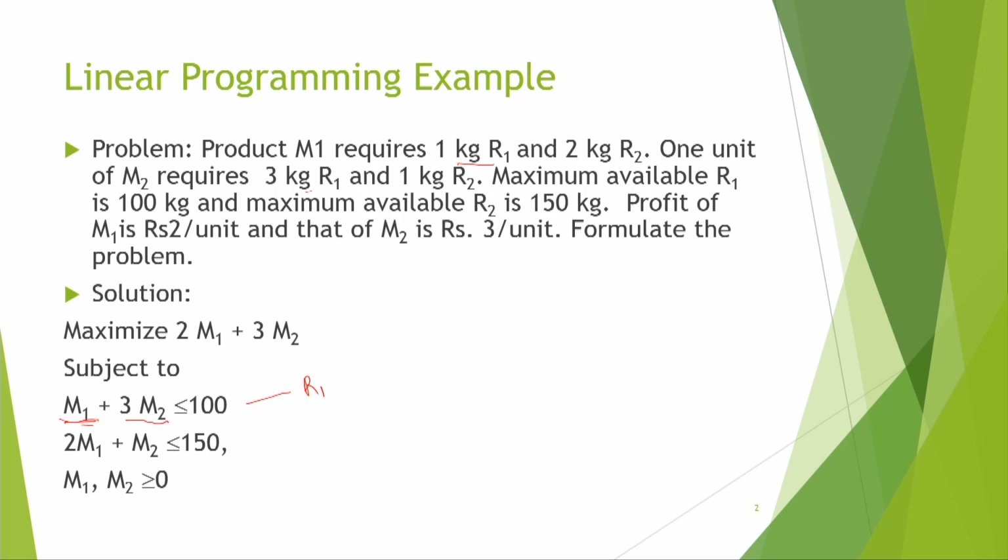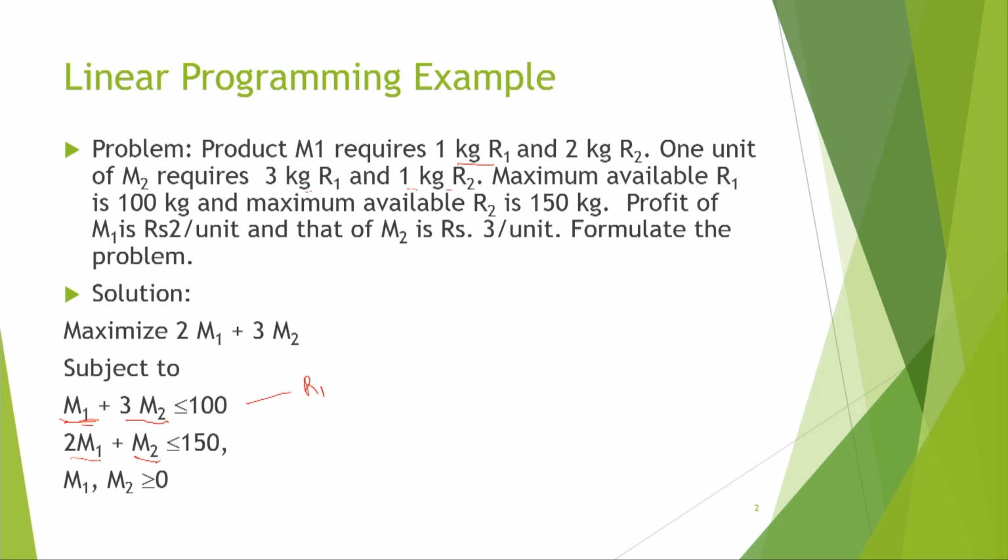Similarly, as far as resource R2 is concerned, 2 kg of R2 is needed for 1 unit of product M1. So, if I make M1 quantity, 2 M1 is the R2 needed for product 1, and M2 is the quantity needed for product 2, because only 1 kg of R2 is needed for making 1 unit of M2.